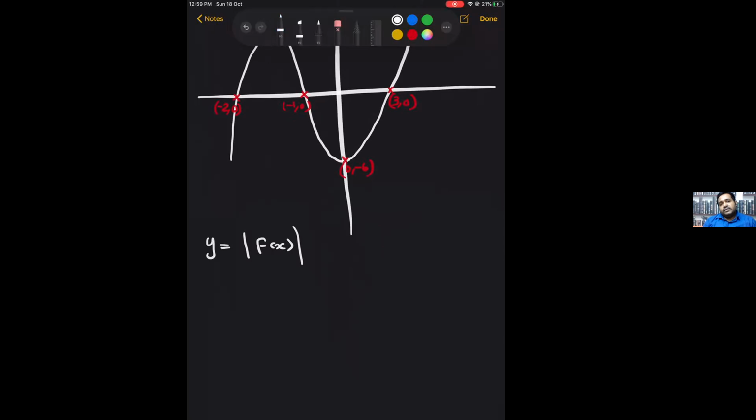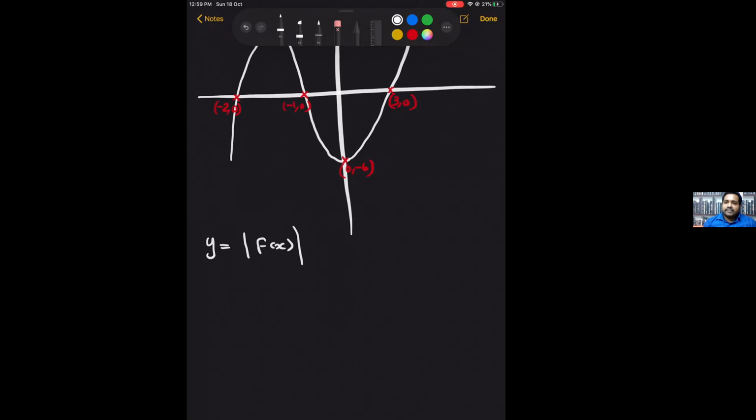Modulus of f of x means that whatever the value of x, the answer will always be positive. So no value of y is permitted to go below 0. That means the same graph we have to reflect to the positive side.